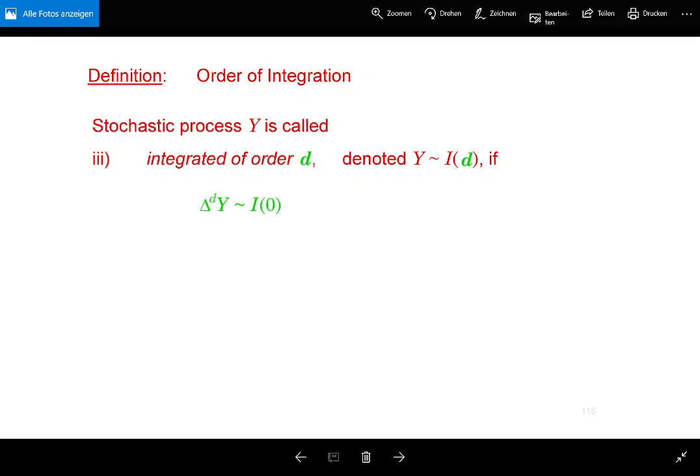So maybe integrated of order 2, but it does not go beyond that. Again, 3 or 4? I haven't seen in the empirical literature a time series that is integrated of order 4, to be honest. Not yet, but maybe there is. So it's either 1, 2, or 0 most of the time, but actually it's either 1 or 0. These are the two.